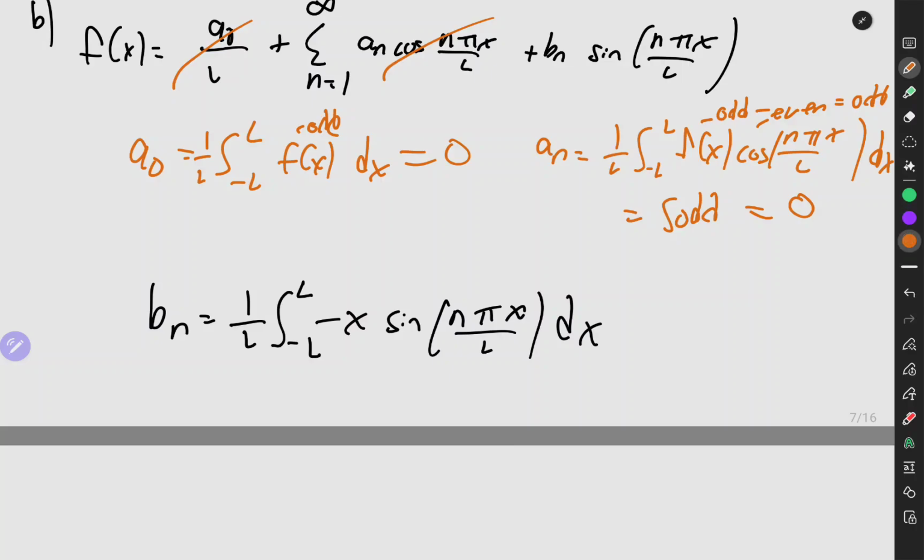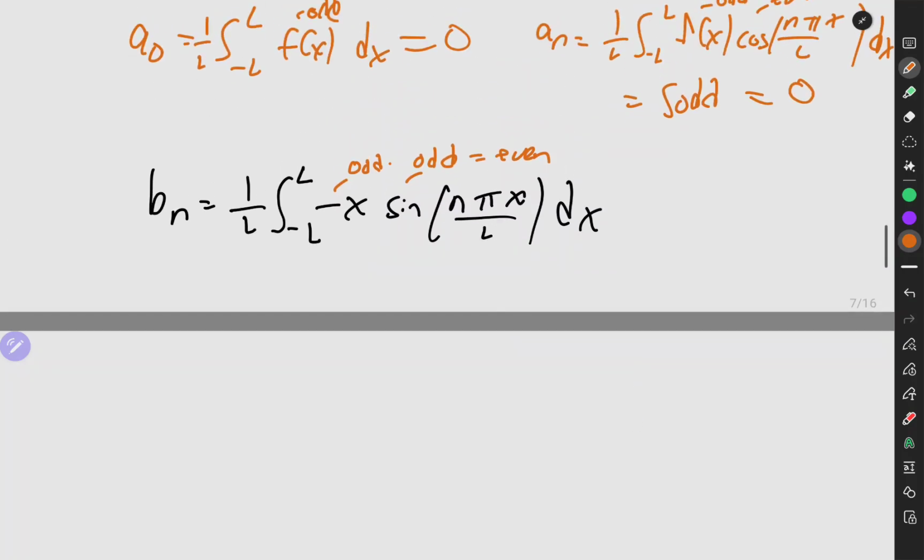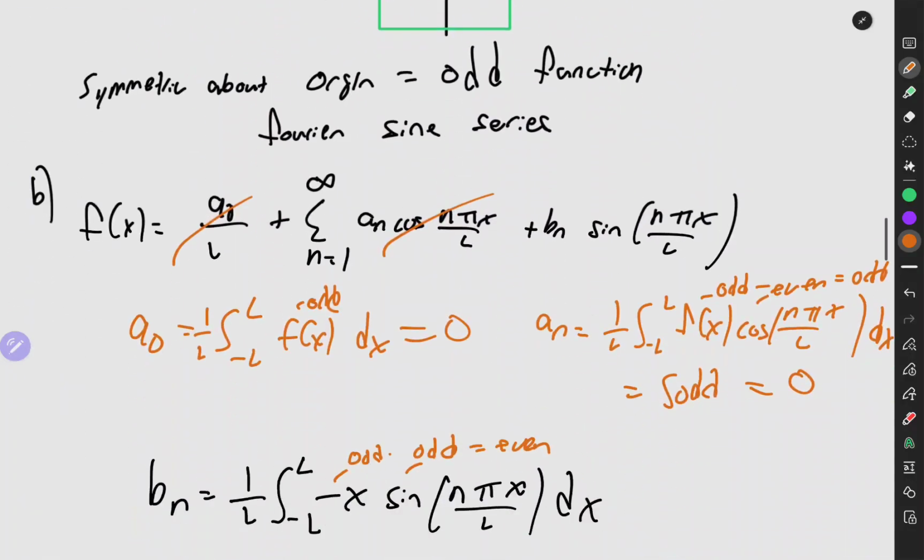And as you can see, odd times odd is even. So the integral of an even function is unfortunately not zero, so we have to solve it. So let's go ahead and do our integration now. And look, we're already on part B. We're moving along.